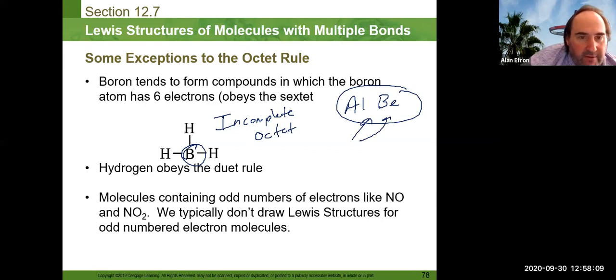And the last exception is sometimes referred to as an odd electron molecule. And that, much like it sounds like, is when we end up with an unpaired electron here. So instead of everybody getting pairs, we actually end up with one unpaired electron.